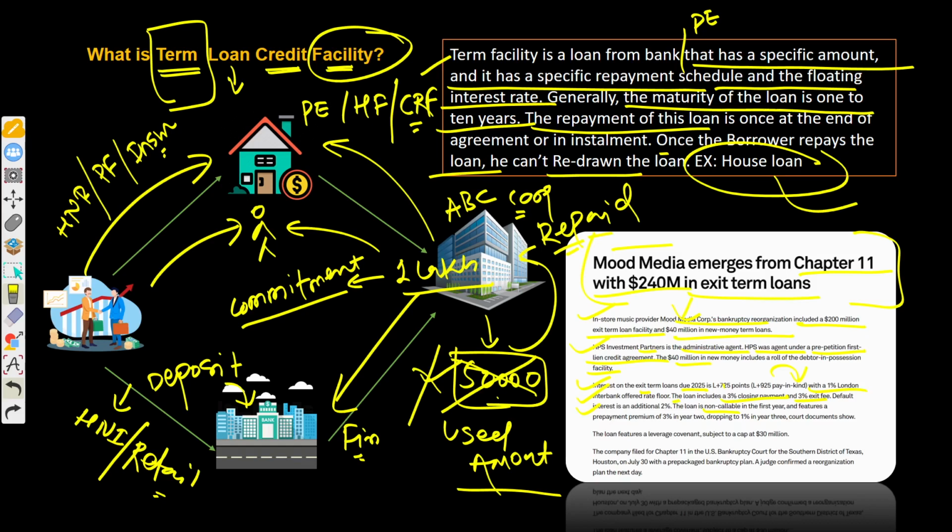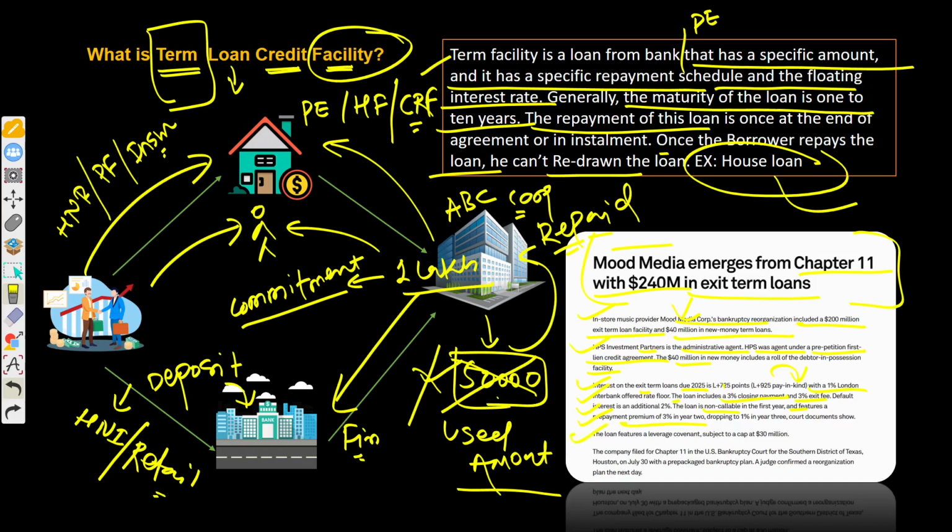The institution cannot claim, "Hey, look, I have repaid it, so I want this fund back because I have other expenses." No, that investment firm will not allow it. That's the unique feature of a term loan: it will not allow the borrower to reuse that amount. Simple. The loan also features a repayment premium of 3% into year 2, dropping to 1% in year 3, court documents show. So those are the different features that you can see.